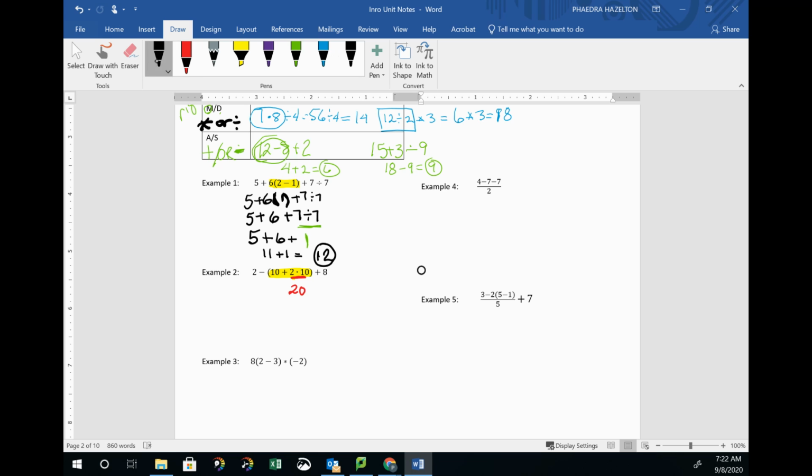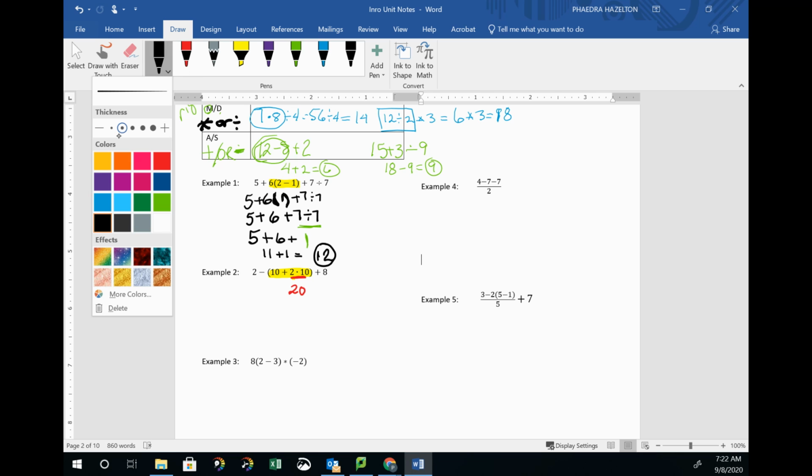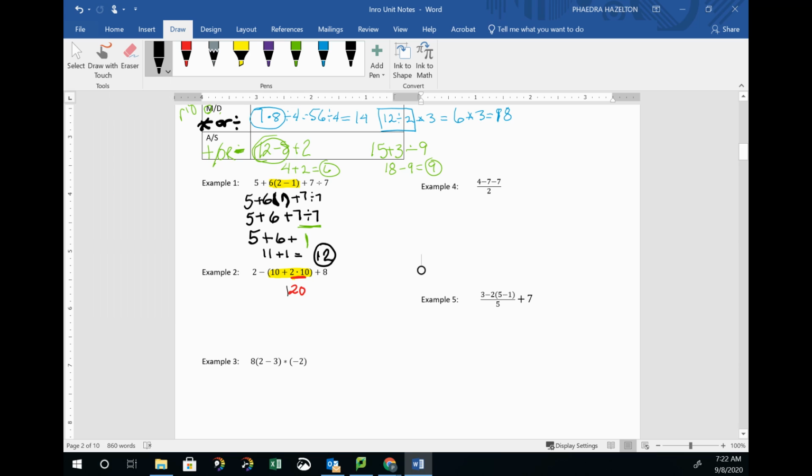And then you still have plus 10 plus 8. So 10 plus 20 ends up being 30. And here's the thing, you still have this plus 8, and you still have this 2.